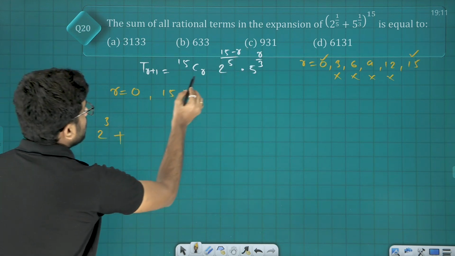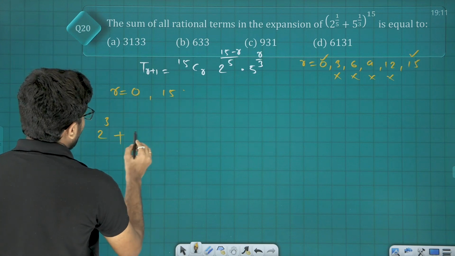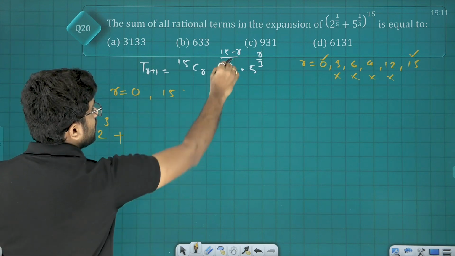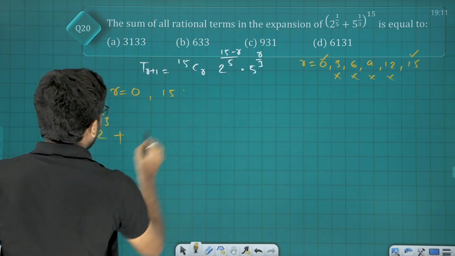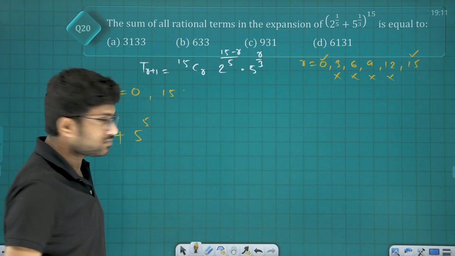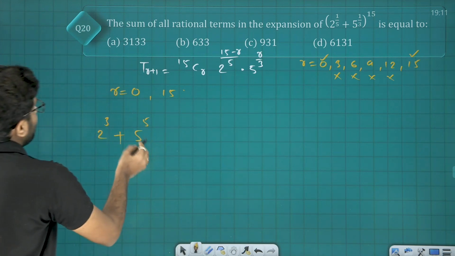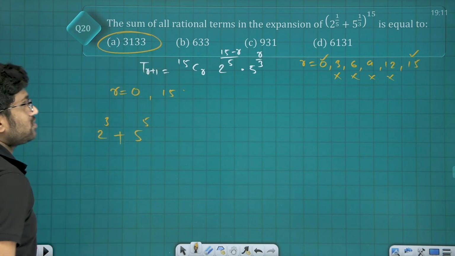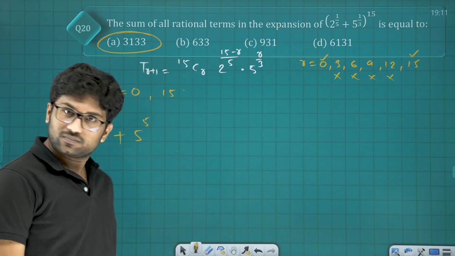Now plus 15C15, that is 1 into 2 power (15 minus 15), 0, into 5 power 15 by 3. 15 by 3 is 5, so 5 power 5. Clear? So 2 cube plus 5 power 5, the sum of the rational terms is 3133.